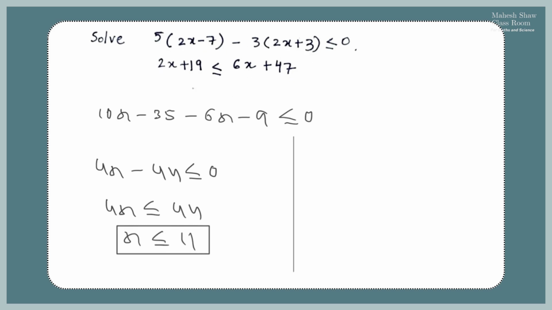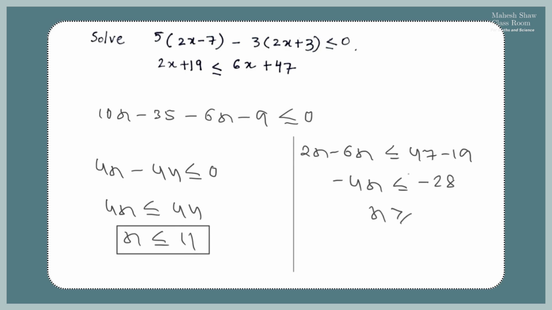So here if I transpose 6 to the left hand side, this is 2x minus 6x is less than equal to 47, and transposing 19 to the other side, it is minus 19. So this is negative 4x is less than equal to how much? Negative 28. Now dividing by minus 4, the inequality will get reversed.